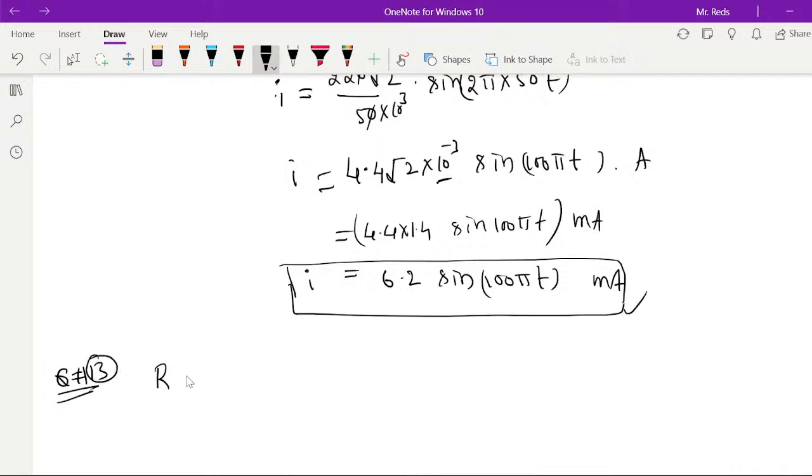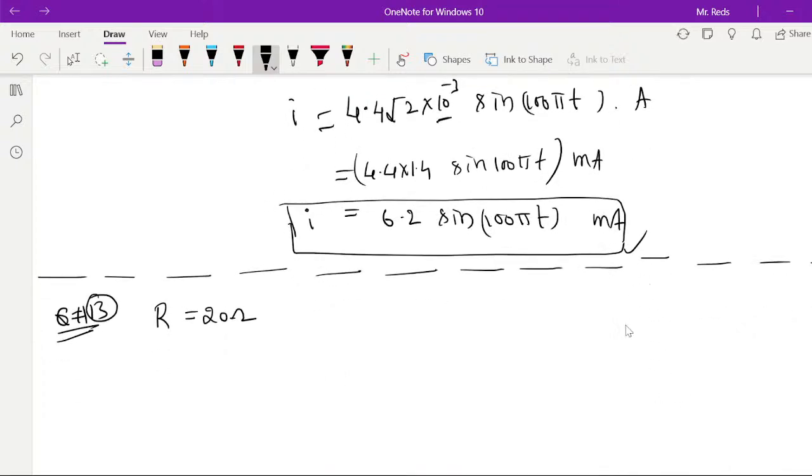A resistance of 20 ohm is connected to a source of alternating current. You can draw a pictorial representation also if you want.